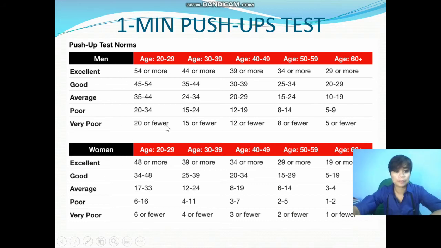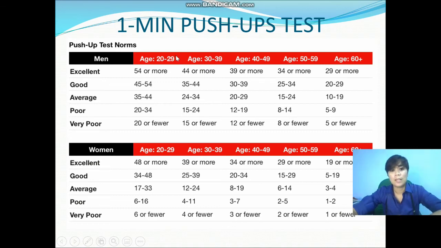If you are aged 20 to 29 and you can perform in 1 minute non-stop push-ups with good technique, up to 45 repetitions, meaning that you are good. Muscular endurance of the upper body is considered good. If it is more than 54, it's considered excellent.